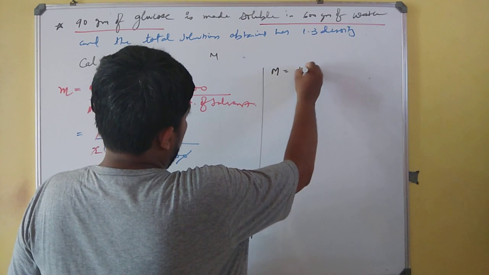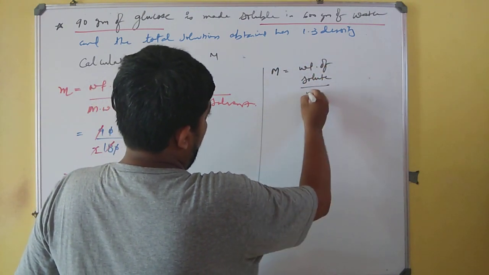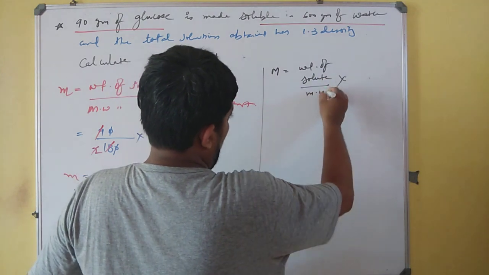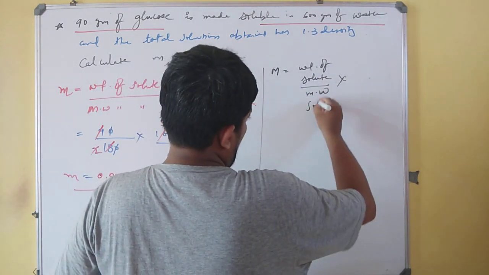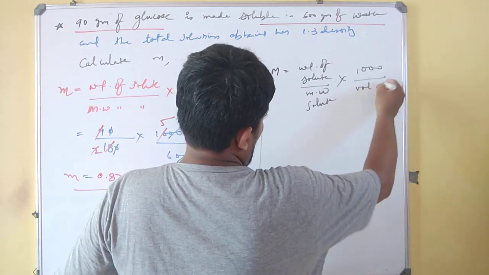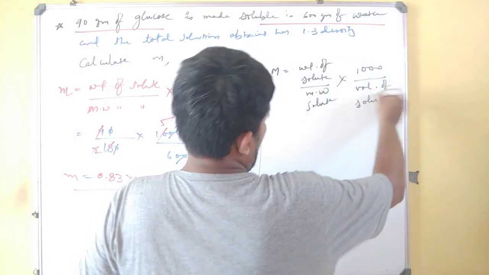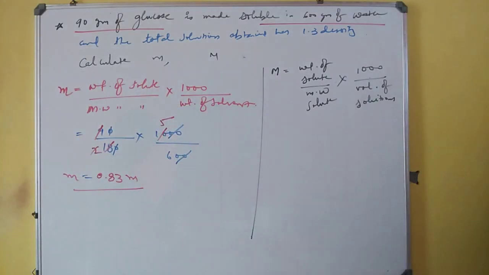Now shifting from molal to molar, molarity is equal to weight of solute divided by molecular weight of solute, into 1000, divided by volume of solution. Now make it very clear, you are supposed to get the volume of solution.